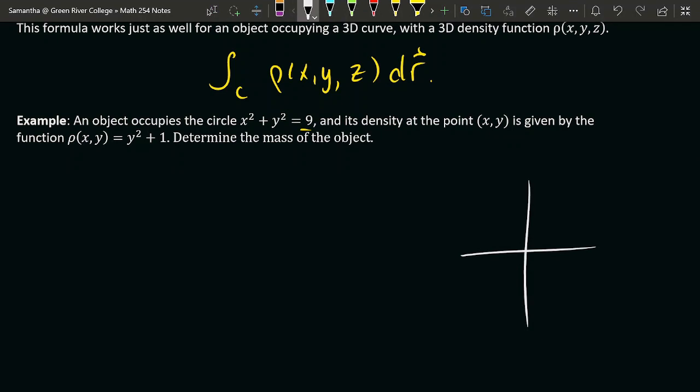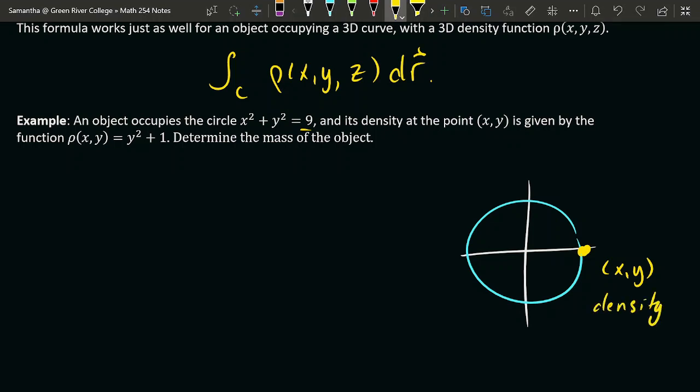So to sketch this situation, our object resembles a circle of radius 3. And for example, the density at this location here, where x is equal to 1 and y is equal to 0, the density at this particular location is equal to 1 unit.